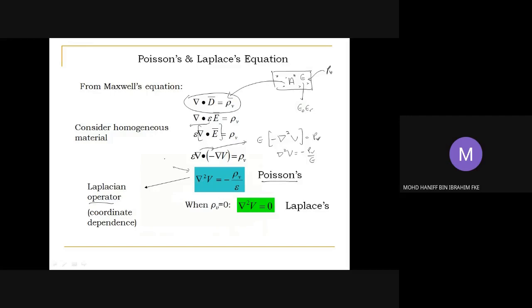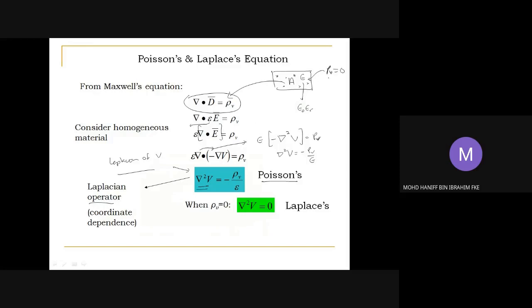We also call this the Laplacian of V, where we have del squared of V. The second condition is whereby we assume that rho V equals 0 inside this particular region A.